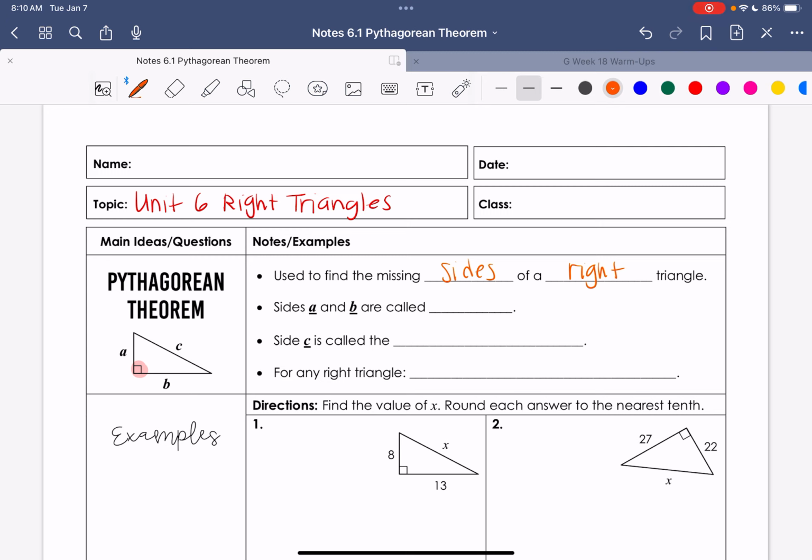Sides A and B, so you see how it's labeled here? A and B are called the legs of the triangle. And then side C is called the hypotenuse.